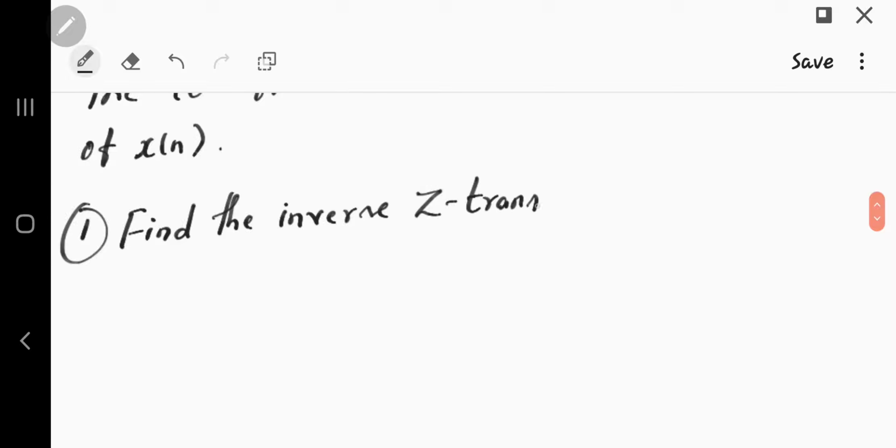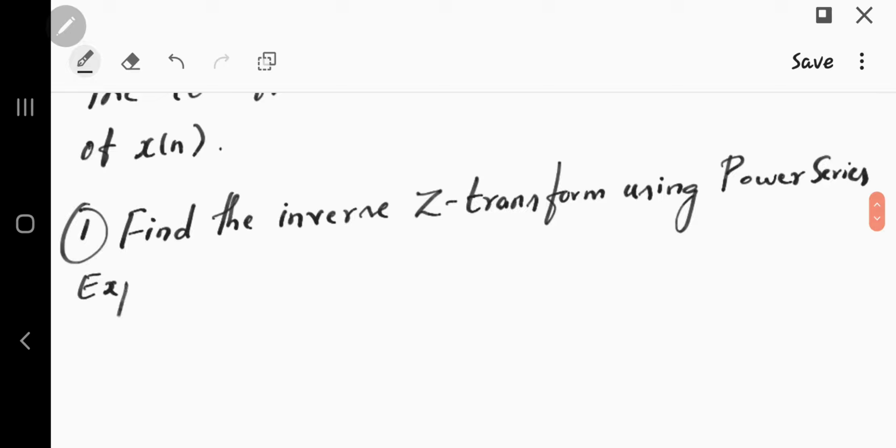Let's take an example here. Find the inverse Z transform using power series expansion method.